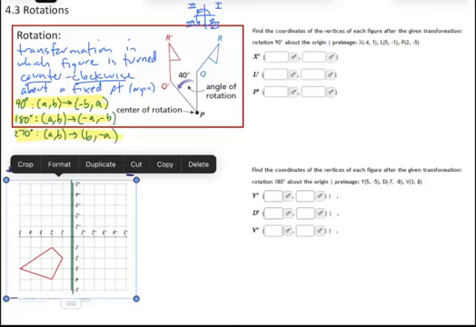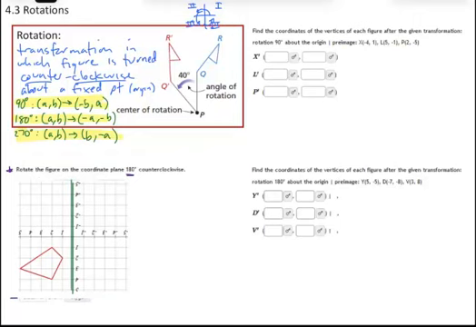I have my new coordinates: -2, -1. I have 1, -1... -2. I have -2, -4. And I have my new set of coordinates, -5, -3.